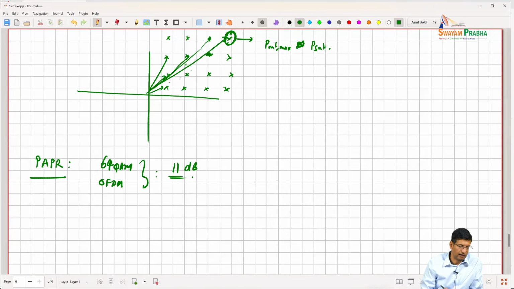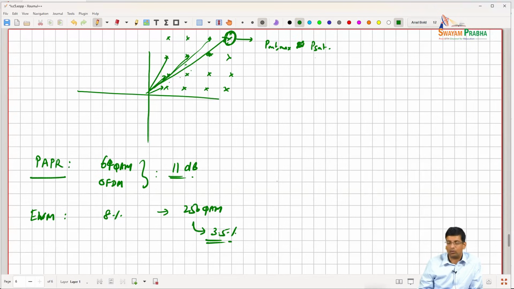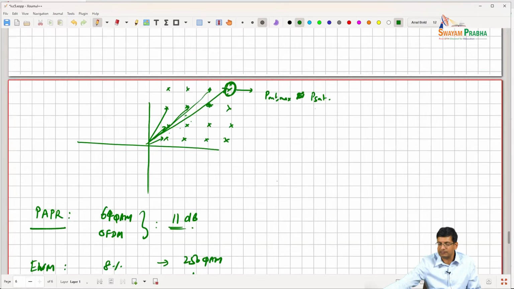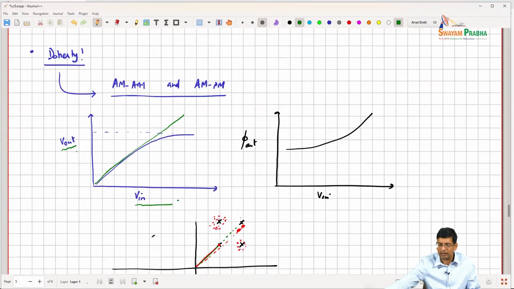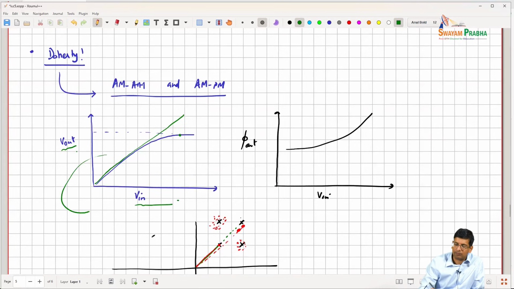And if you are trying to demodulate this, the EVM requirement might be of the order of 8% for 64 QAM, and then if you go to 256 QAM, you might be willing to only accept an EVM of 3.5%. So overall it becomes a challenge, because to make sure I'm not creating any error, even if my PSAT is over here, I might be forced to operate in the linear region of my PA.